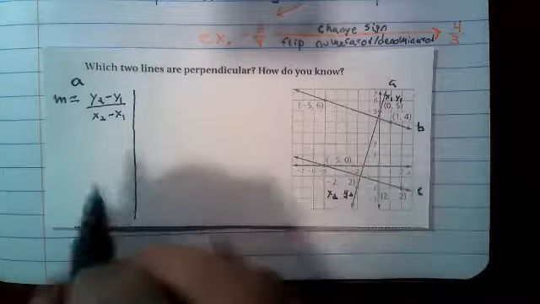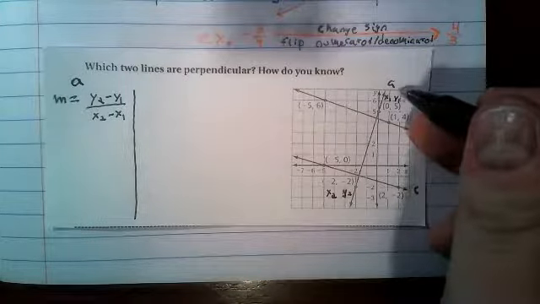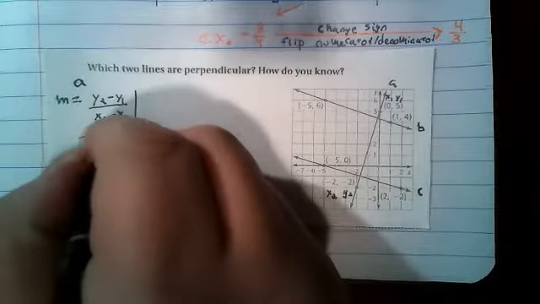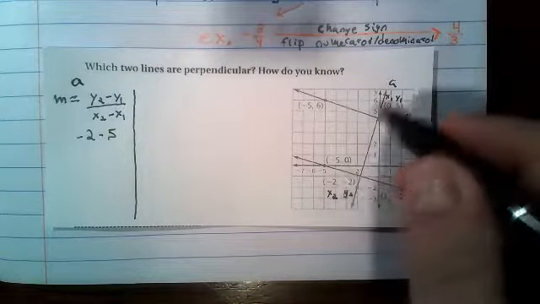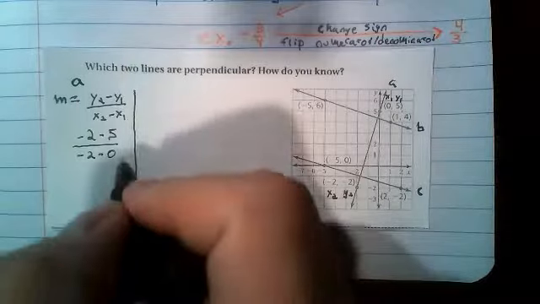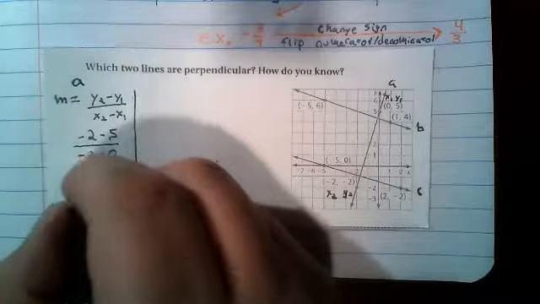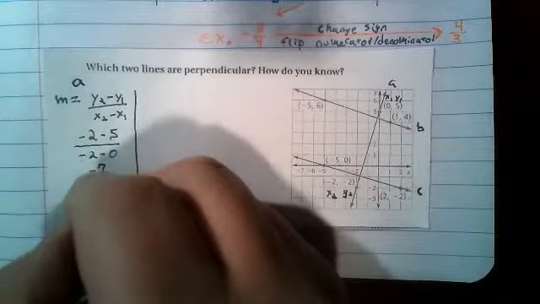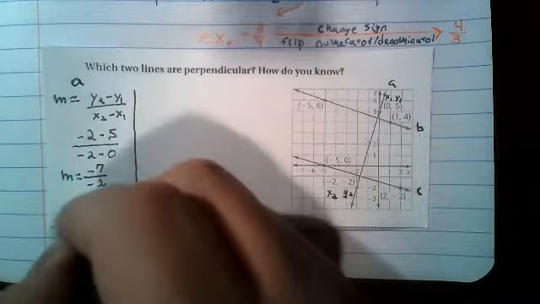When I put that into my slope formula, that's negative 2 minus 5 over negative 2 minus 0. Negative 2 minus 5 is negative 7. Negative 2 minus 0 is negative 2. So my slope is negative 7 over negative 2.